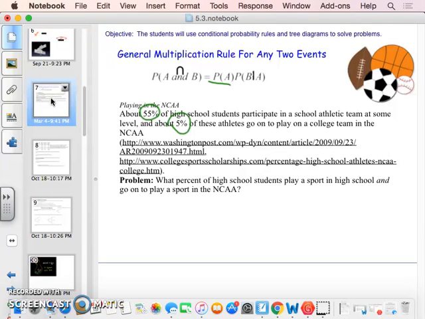So we would take the probability of A, which is 0.55, times the probability of B given A, which is 0.05, multiply those together, and you end up with 0.0275. So about 3% of the students actually go on to play if they participate in a high school team.